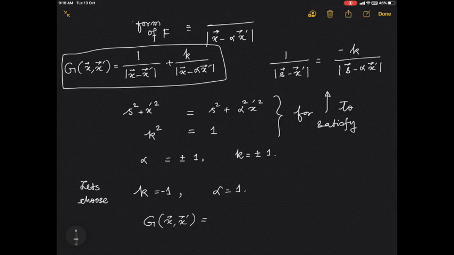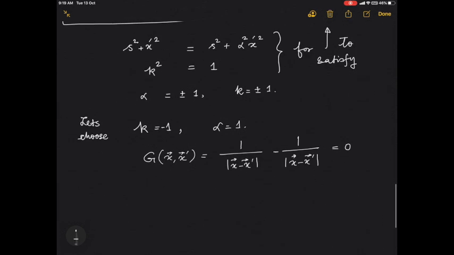So what I get for G is that G is 1 by mod x minus x prime minus 1 by mod x minus alpha x prime, with alpha equals 1. So this is x minus x prime again. So G is 0 everywhere. It's a trivial solution. Obviously, that is not the case.